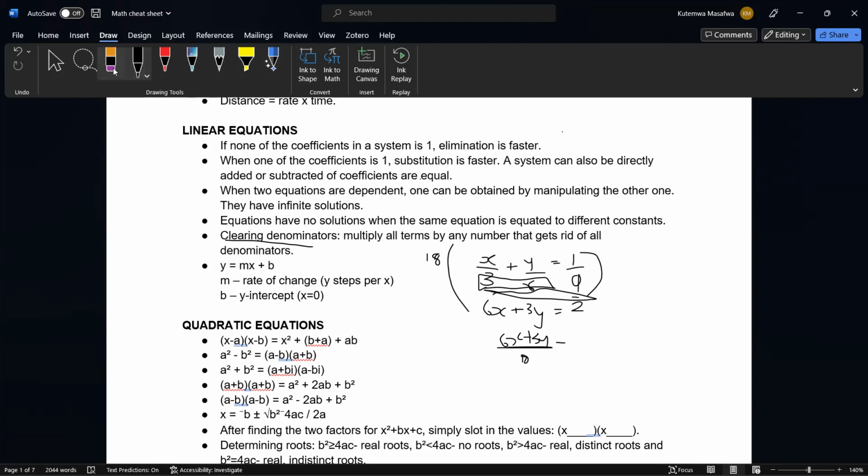So let me erase this. This is not very clear. Okay, so let me show you what I mean. Here in the multiplication, the biggest job was finding the number. Once you found the number, it was just multiply, that's it.